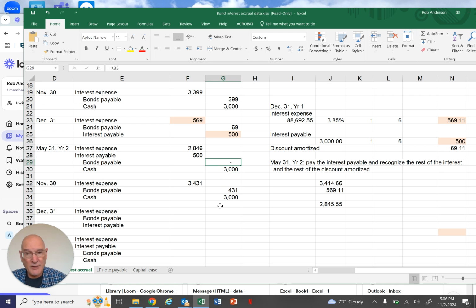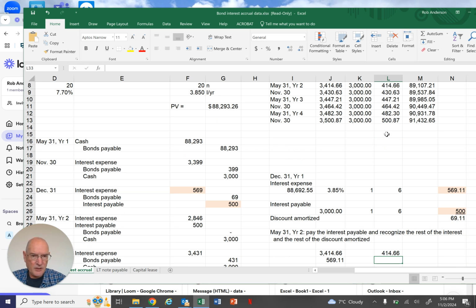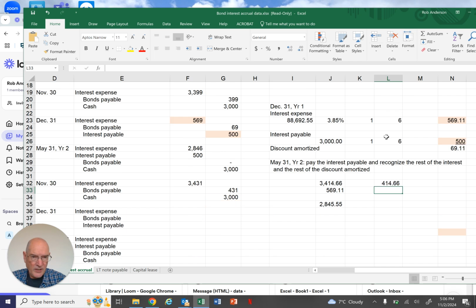And then we could check. So let's just check first. I'm going to look at our difference, and it's going to be this number, 414.66. We're looking at the next 6-month period. And how much did we already use? Well, what we did, notice we already credited bonds payable with 69.